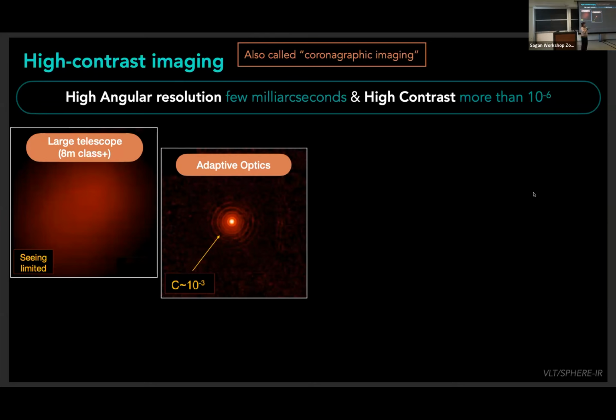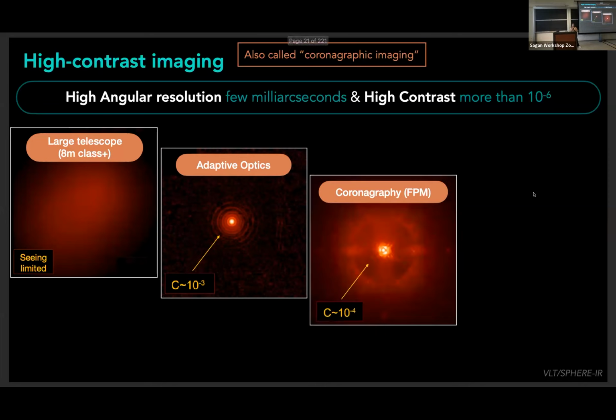Here in this image, almost 90% of this is corrected, which is great. It means 90% of the light is not spread outside the core of the diffraction ring that you've heard a lot about yesterday. But this is not enough because here you see objects only 1,000 times fainter than the star. So we add a coronagraph.